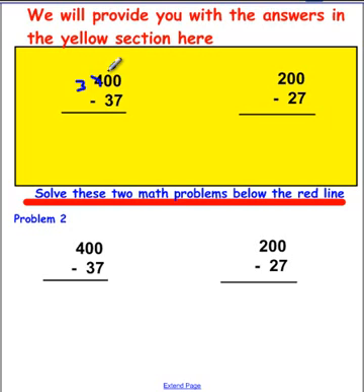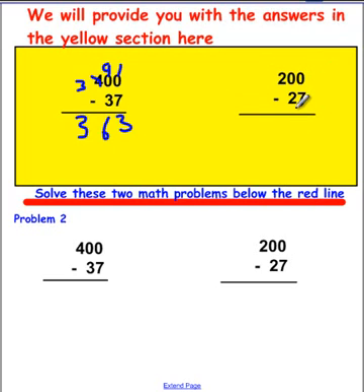However, one of them we need to move right here and make that a 10. So if we move one over here, that means this is going to be a 9. 7 from 10 is 3. 3 from 9 is 6. And we bring down the 3. So our answer is 363.